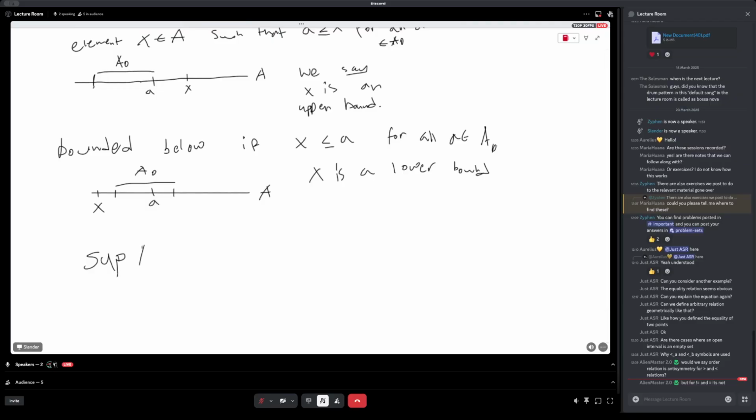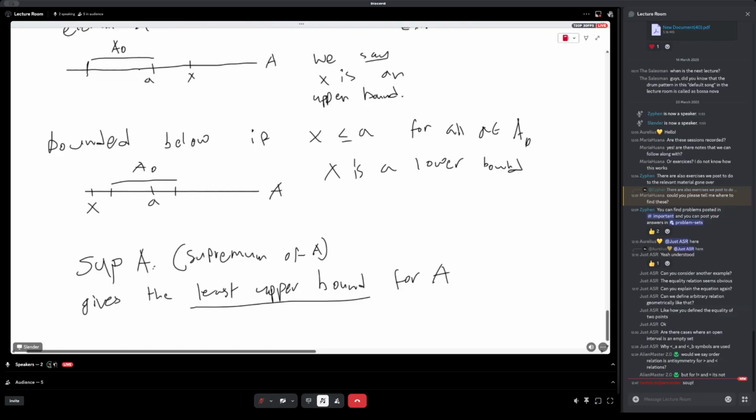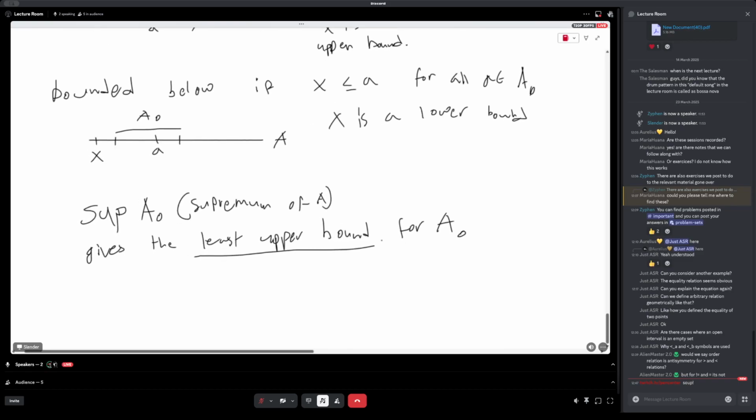So we write sup A0, which means the supremum of A0. I wrote A but it should be A0. So sup gives the least upper bound for A0.